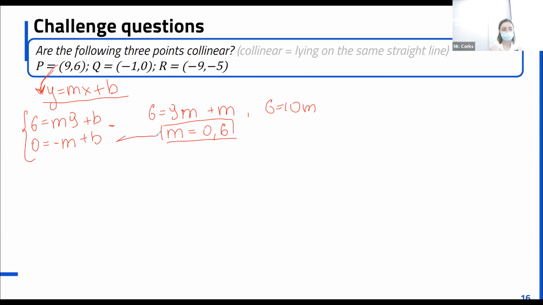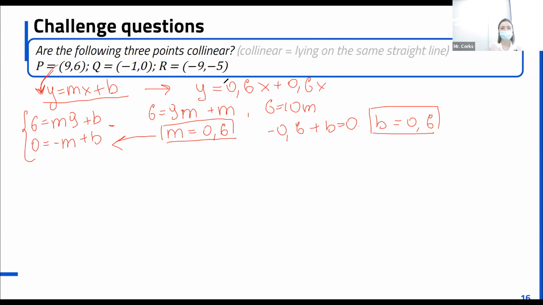Then we can put it here and get minus m, minus 0.6 plus b equals 0. So b also equals 0.6. So our line looks like y equals 0.6x plus 0.6. We have the equation of one line that both of these points belong to.